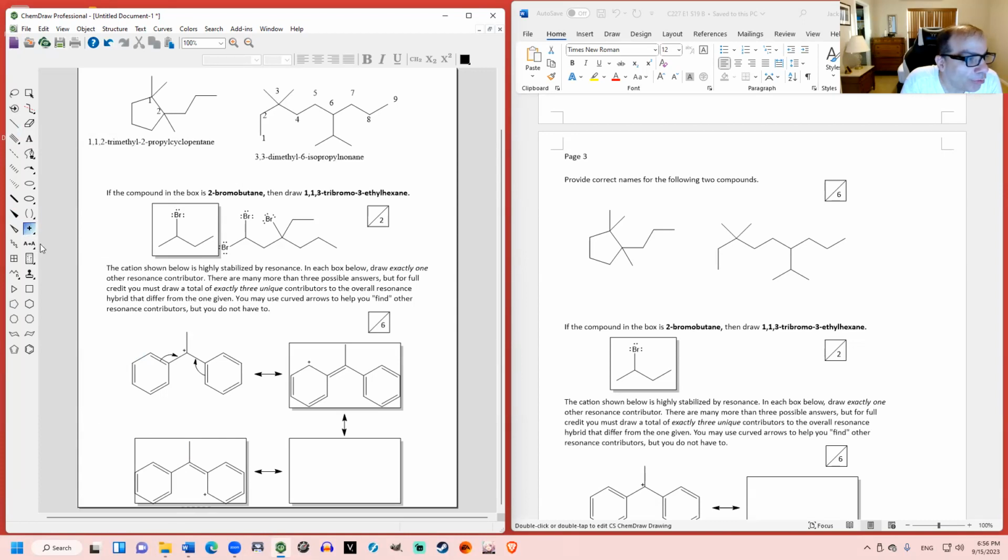We could get another resonance form by moving this pi bond over.